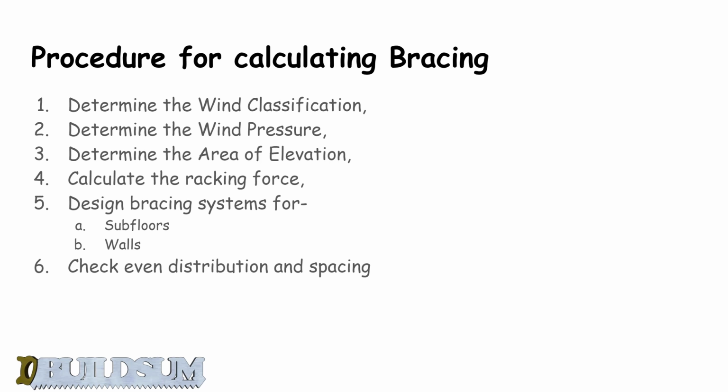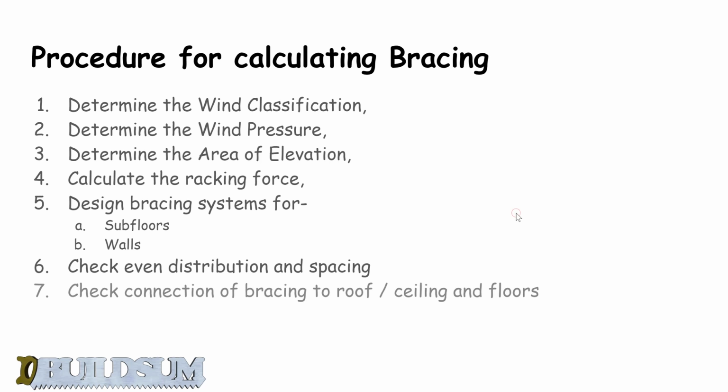There's no point having all our braces on one end of the building and the other end's got nothing in it. And we then can check the connection of our bracing to the roof and ceilings and floors, because there's no point the walls being braced if they're not bolted or connected to our floor and connected into our roof system.